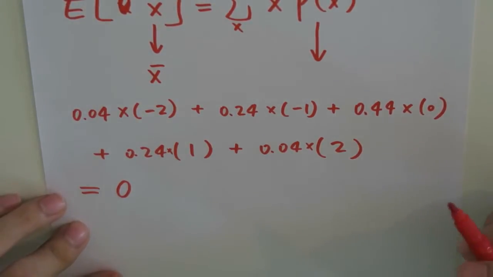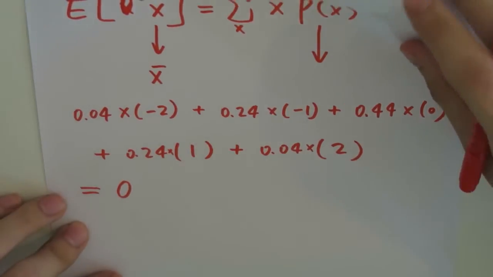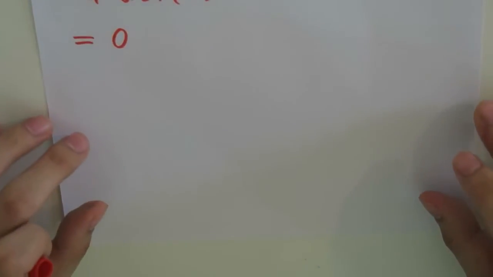There is a second approach to do this question. If you recall our lecture 6, we know a relationship between the sample mean and the population mean, right? We have this formula over here.